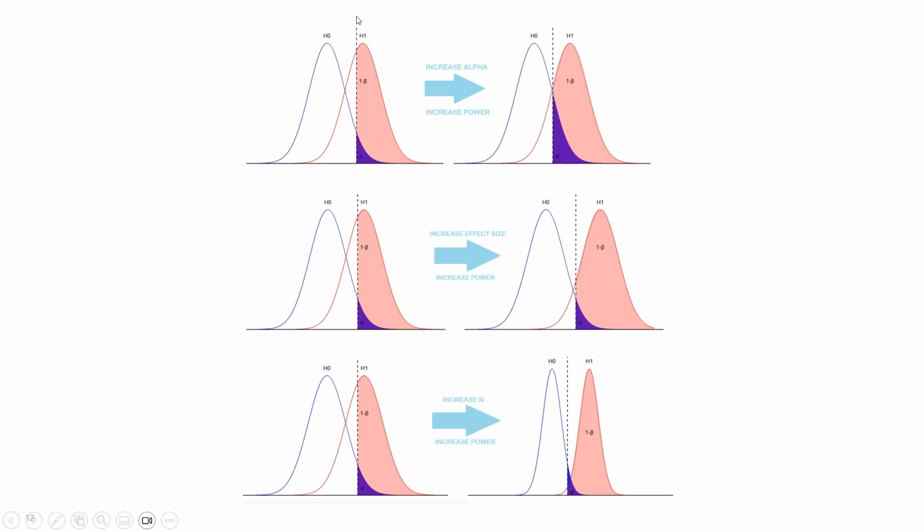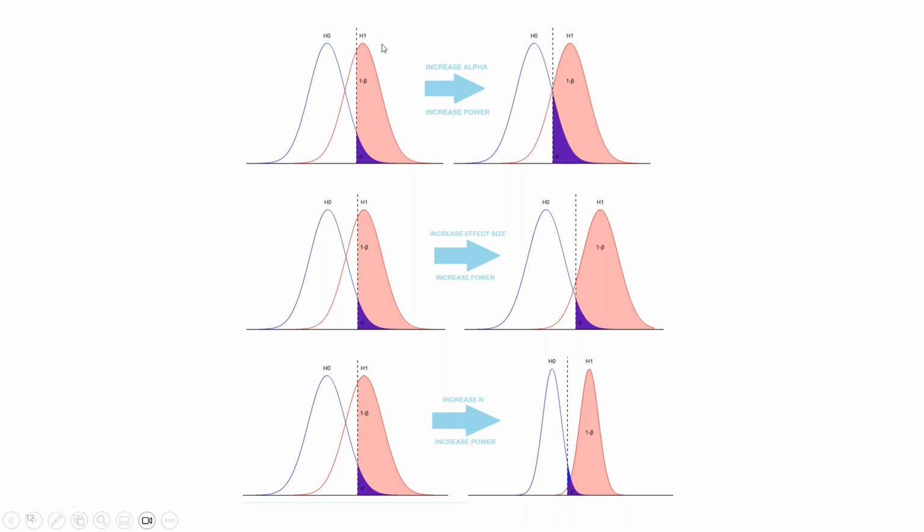Basically, this is our critical z-statistic, if you want to think about it that way, if you're thinking about these as being from the standard normal. And you can see here that the blue area is our alpha. So there's a little bit of the H0 that's above the critical value. That would be 0.05, for example. And then on the right hand side, you can see that most of the alternative is still in the rejection zone. That's good. So we have a reasonable amount of power here. It's probably like 60% power or something like that.